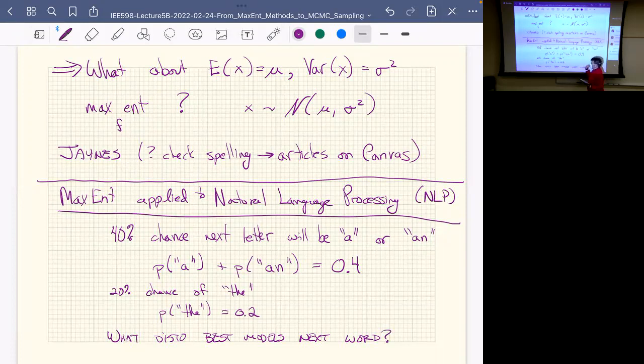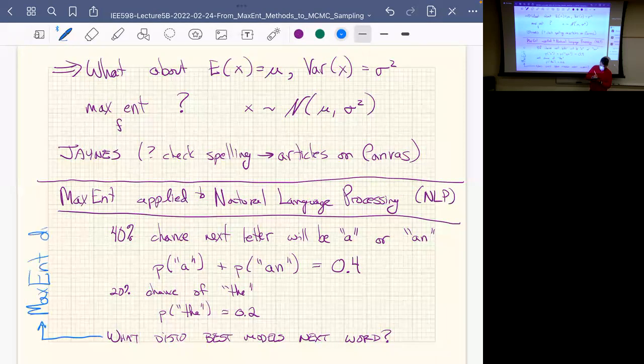You could come up with a lot of distributions where these constraints hold, where the probability of this word is 20% and these two words add to 40%. What the CS community did is they said, with this particular example, we are going to answer this by solving the MaxEnt problem.